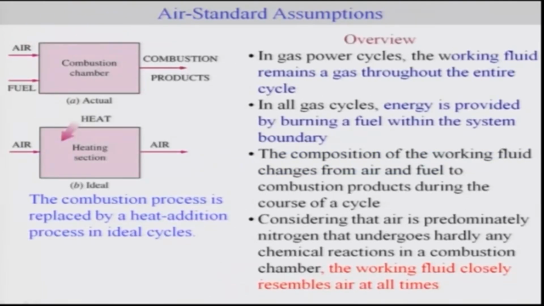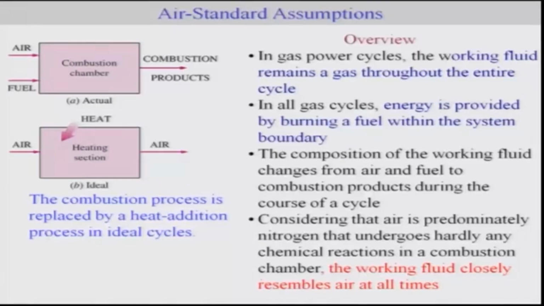Now, in order to analyze the power cycle, where we are going to make use of gas, to start with, we are going to make certain assumptions which we call air standard assumptions. Before we start listing those assumptions, let us overview this combustion chamber, which takes in air and fuel and undergoes combustion, leading to combustion products.